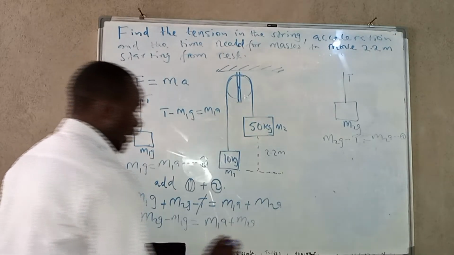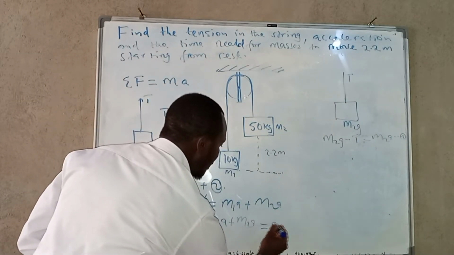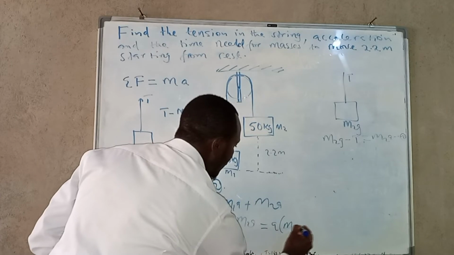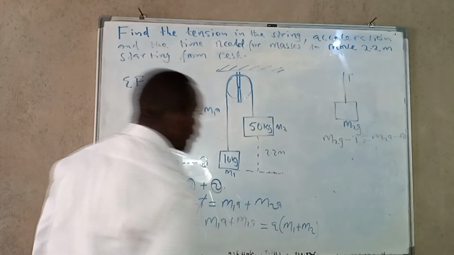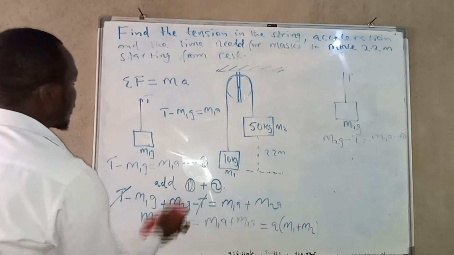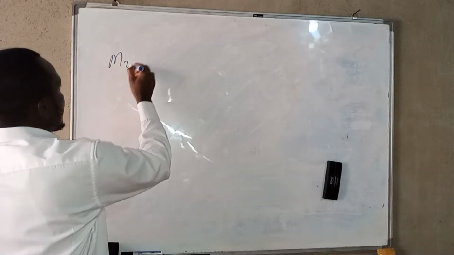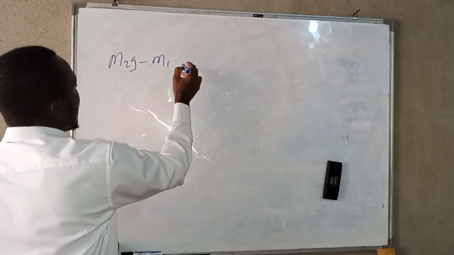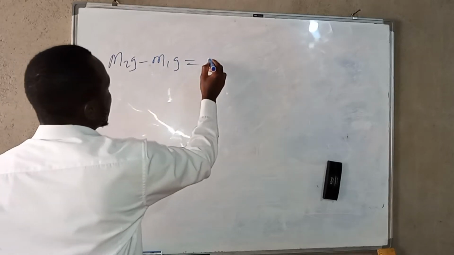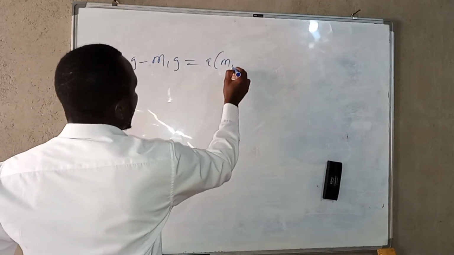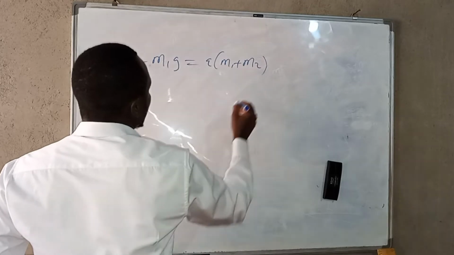We can factor out a, by saying a times m1 plus m2. So here we have m2g minus m1g, which is equal to a times m1 plus m2.